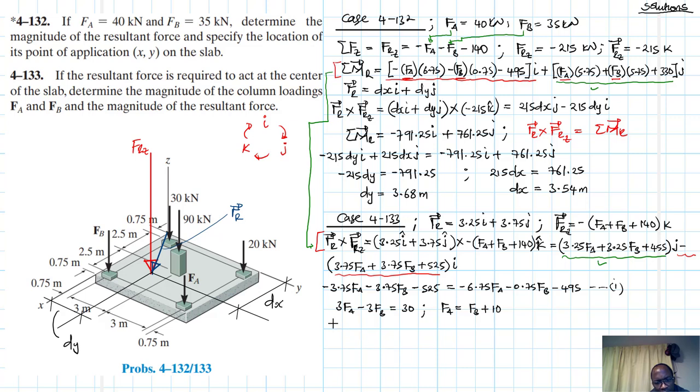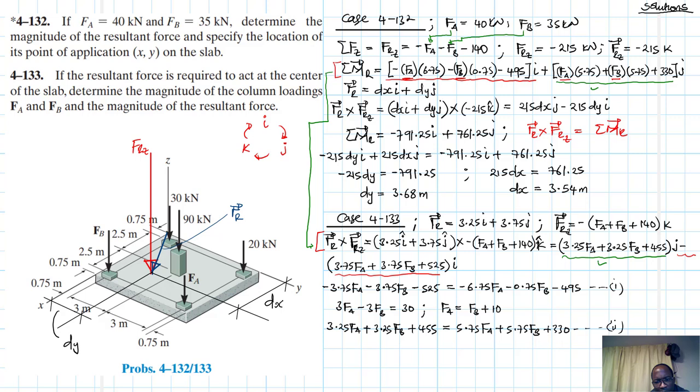Let's start with the bottom one. 3.25 FA plus 3.25 FB plus 455. This is going to be equal to 5.75 FA plus 5.75 FB plus 330.